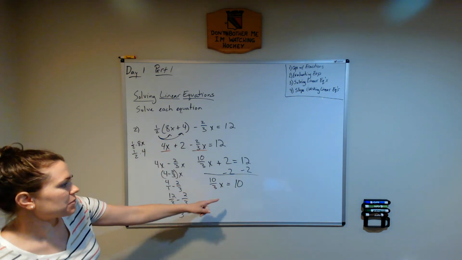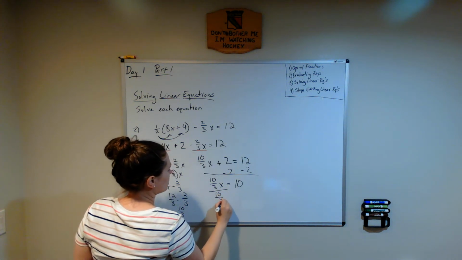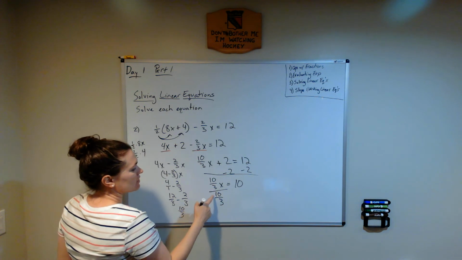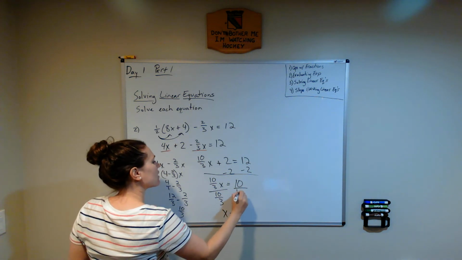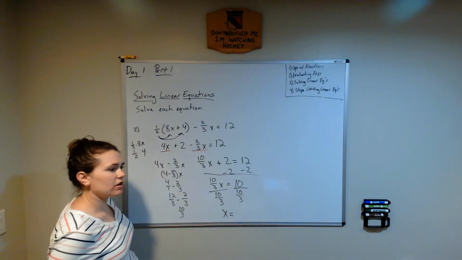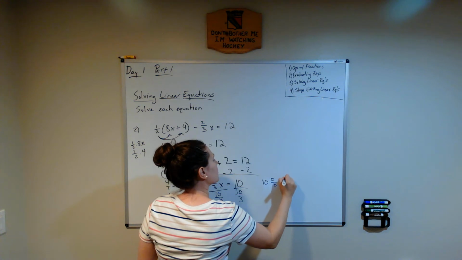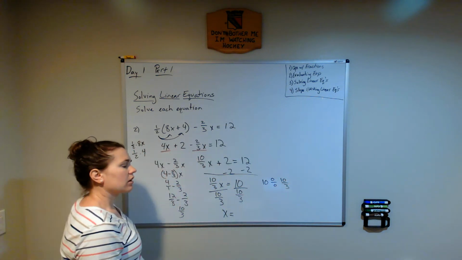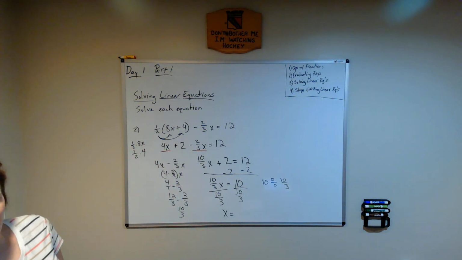Okay, now to get x by itself, it's being multiplied by 10/3, so we're going to want to divide by 10/3. Okay, 10/3 x divided by 10/3 will leave us with just x. So we have to take 10 and divide it by 10/3. So this is 10 divided by 10/3. Now, this is considered a complex fraction.